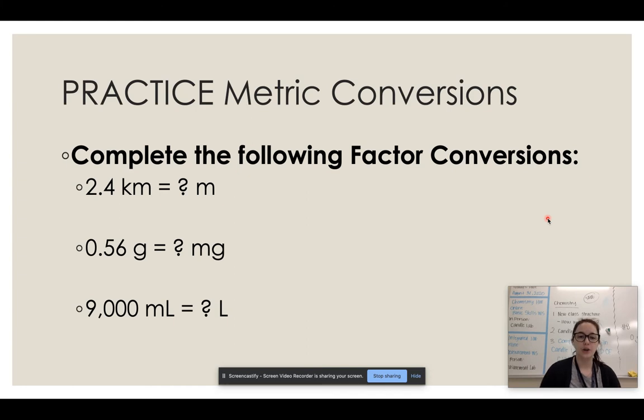I know that in 1 kilometer there are 1,000 meters, so all I have to do is take that number and multiply, because I would cancel out my kilometers. So I should get 2,400 meters. Next, 0.56 grams is equal to how many milligrams?